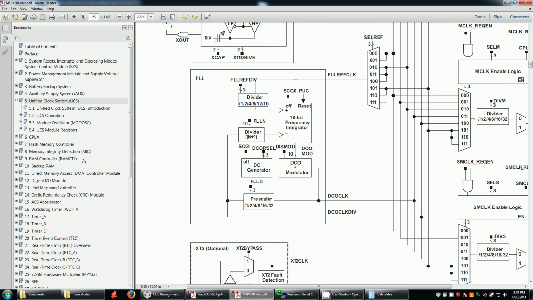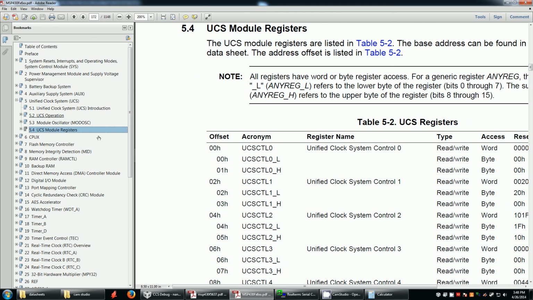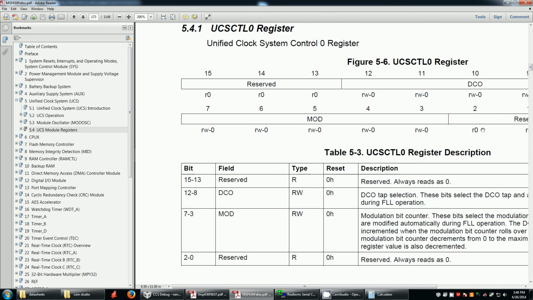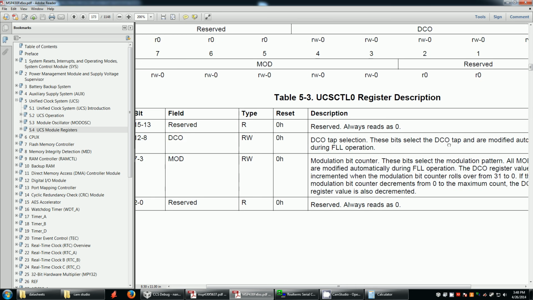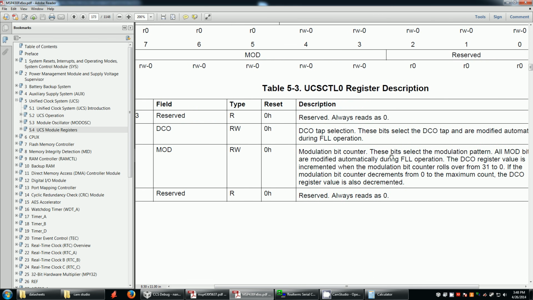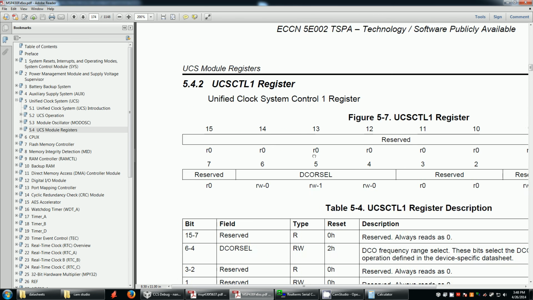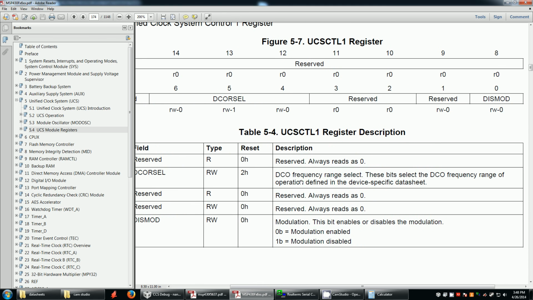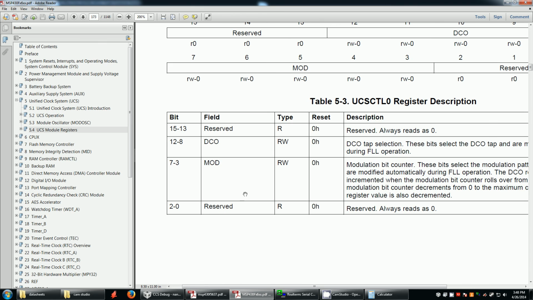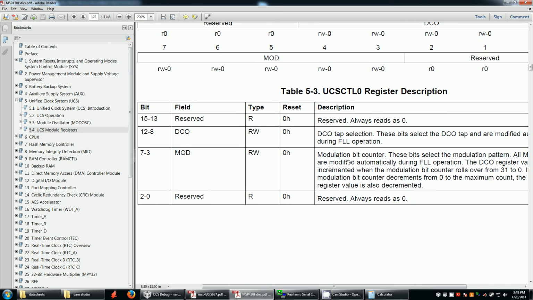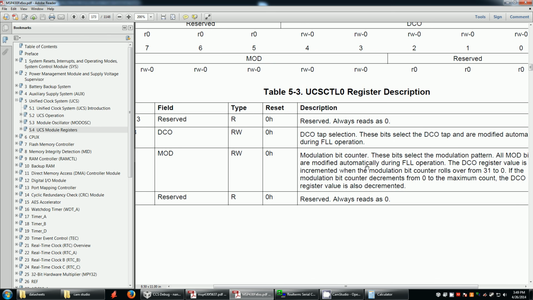And if you go to these registers, remember, so from the diagram you can see, so this is the DCO tap selection and the modulation bits, and the FLL controls that. The only thing you really have to set is DCO select, because that sets the general range. Once you set the range, let the frequency lock loop configure the DCO and modulation bits, and this will hone in on a specific frequency in that range.